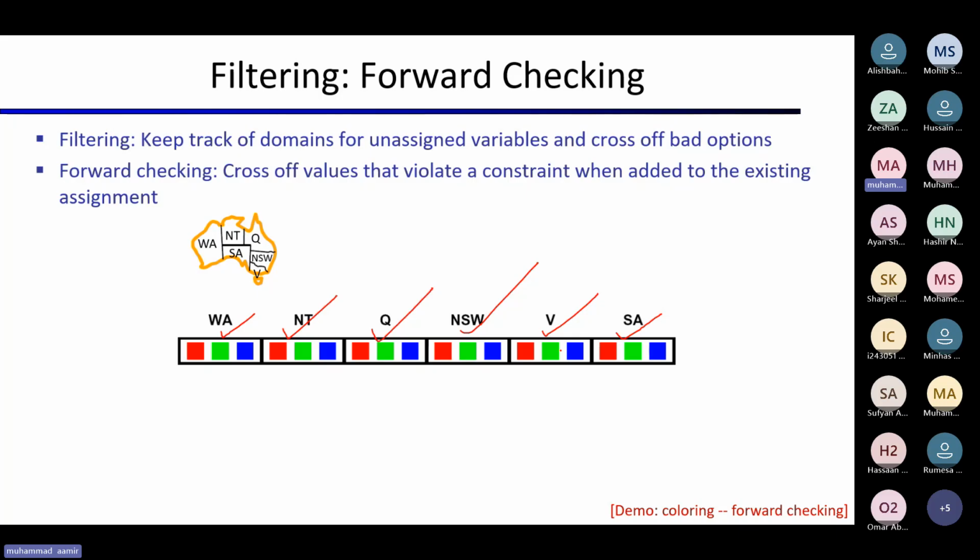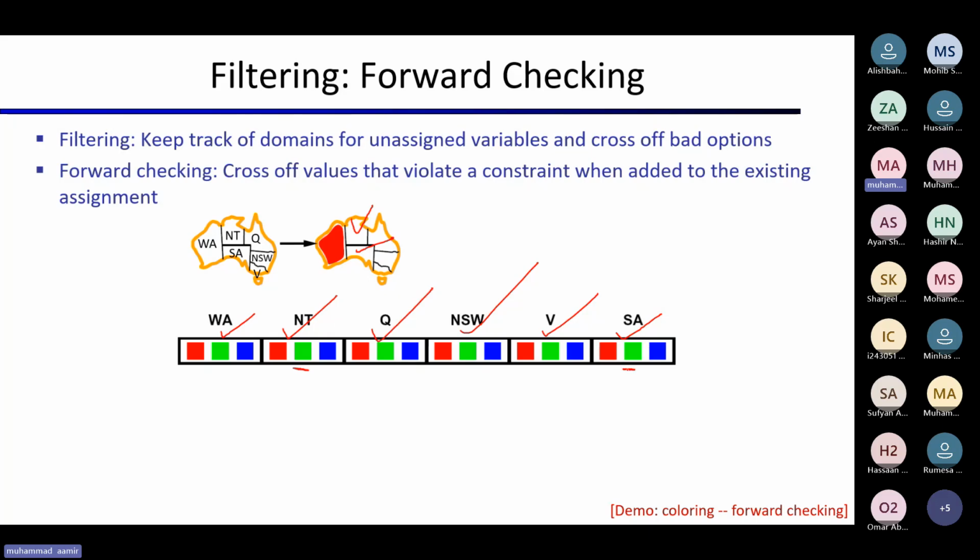Forward checking says, if we assign the first variable one value, let's say red, so Western Australia will have the red value. Forward checking says the connected states will be impacted by this assignment: this one and this one, because these are the neighboring states, the Northern Territory and the Southern Australia.